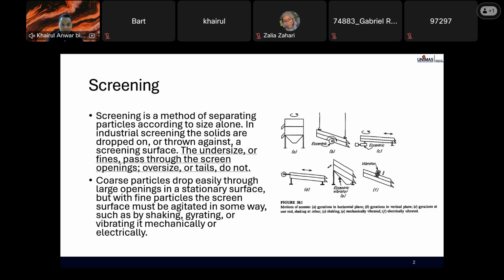Those that can pass through the mesh are undersize because they are smaller than the mesh, so we call it fines. Particles drop easily through large openings in a stationary surface.